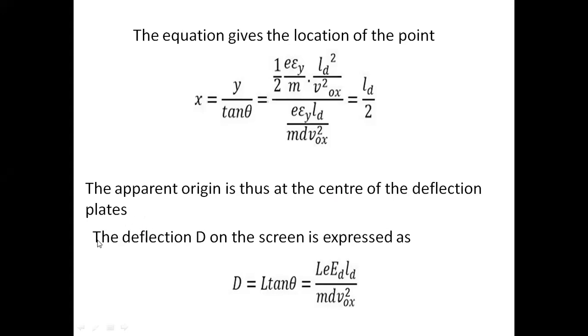The deflection D on the screen is expressed as D equals L into tan theta.